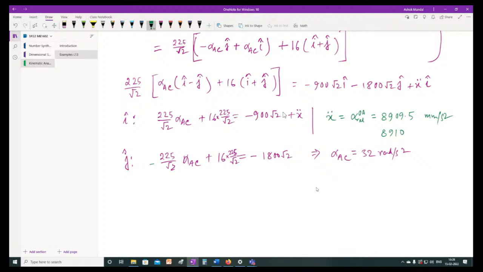Okay. Now I give you this task. This is your home assignment. So home assignment is draw the acceleration diagram.